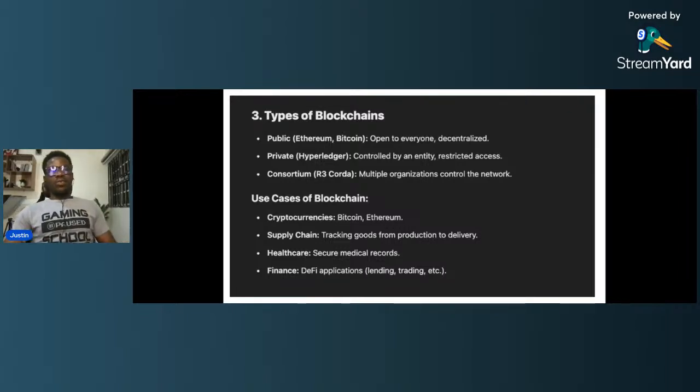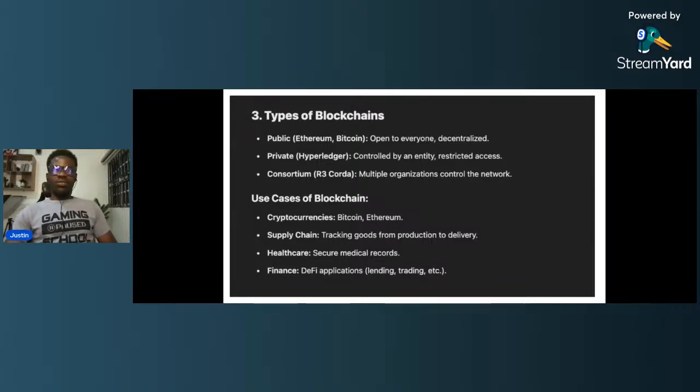We also have cryptocurrencies, supply chain, healthcare, and finance. A lot of the time, once you mention blockchain, what comes to people's minds is cryptocurrency. But cryptocurrency is just a microcosm, a small part of the whole big picture of blockchain. Blockchain is wide.